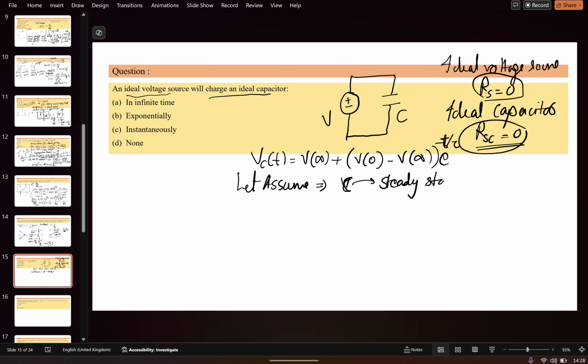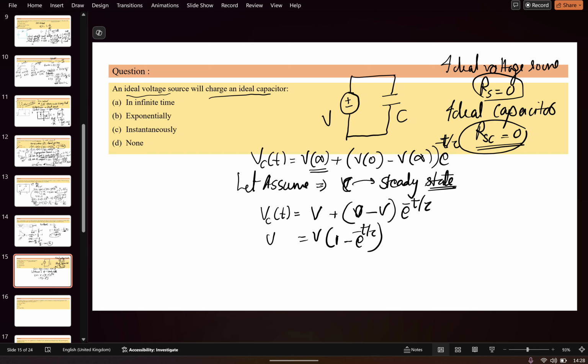In this condition, V infinity will become voltage V only. So VC(t) is equal to V plus, with V0 assumed to be 0, minus V e to the power minus t by tau, which equals V times 1 minus e to the power minus t by tau.